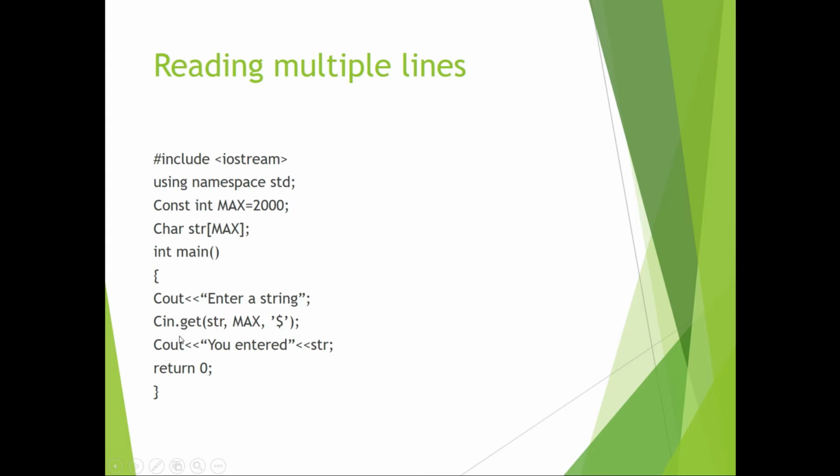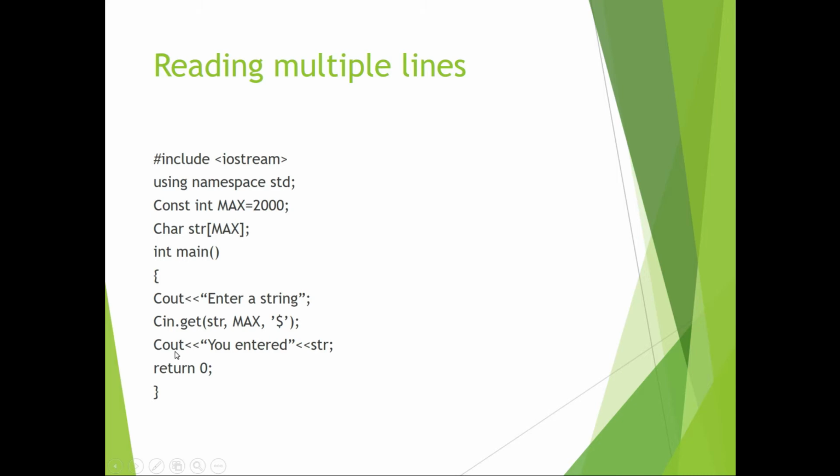I cannot use cin because just cin means it will read only a word. So I need to use cin.get, the input that I have entered, and the max is 2000. So it reads till 2000 characters. And you can see a single quote over here, which means it will read until this particular symbol, after which it will not be displayed.